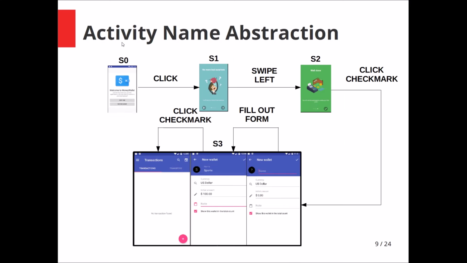The first abstraction level, which we call activity name abstraction, we consider two states to be equivalent if they refer to the same activity. This leads to the following results. We have four states, S0 to S3, where S3 consists of three views because they refer to the same activity.